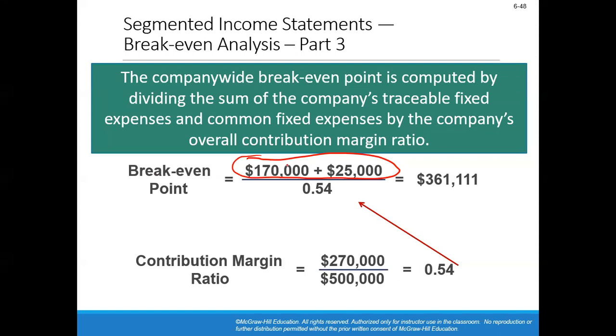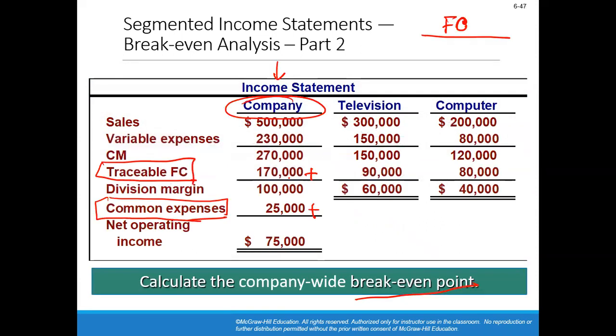Okay, we are summing up the traceable fixed cost and the common fixed cost. Now you can recall that if we want to get the break-even point in terms of dollars, we divide this number by the contribution margin ratio. Contribution margin ratio, not the contribution margin. So what is the contribution margin ratio?